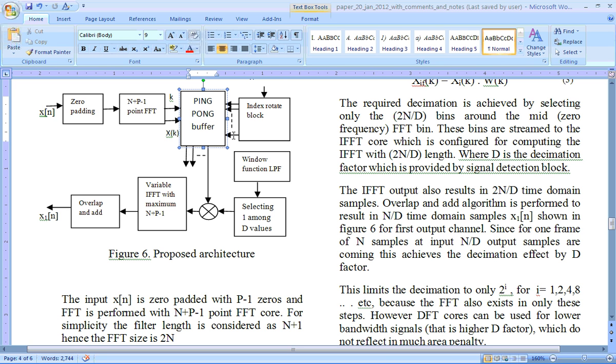How this scheme is achieved is simple. Internally there is an address counter which generates the address. Let's say if n plus p minus 1 is 1024, the counter counts from 0 to 1023. That address plus whatever value you compute here is used as the address for the block RAM.